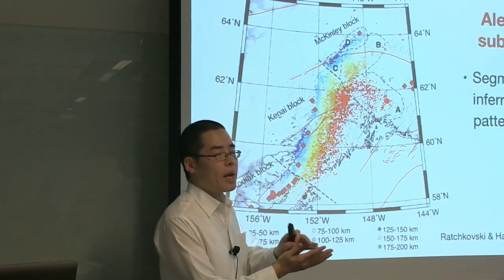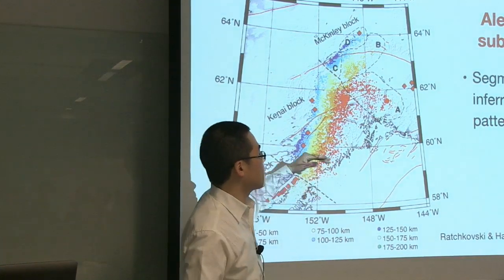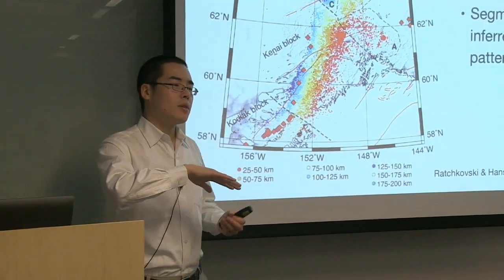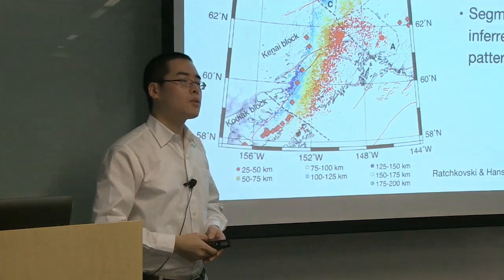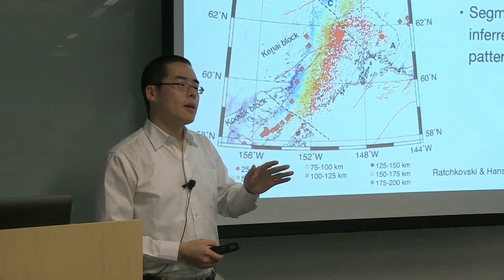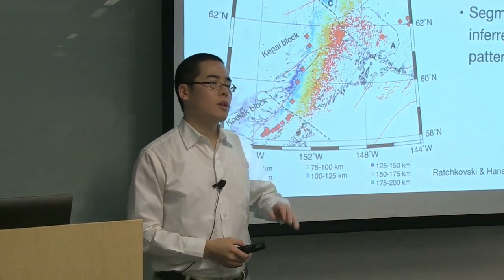So it depends on how accurate the location is. And the plate interface model I use is also a fitted surface, created to fit the location of the earthquakes, so how the surface looks depends a little bit on how the earthquake locations are defined.